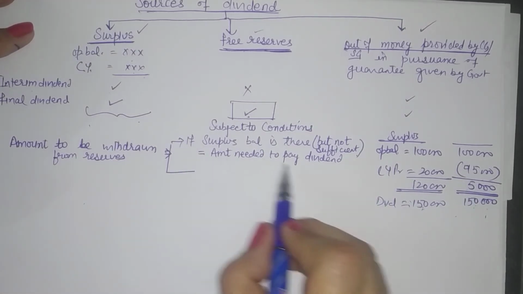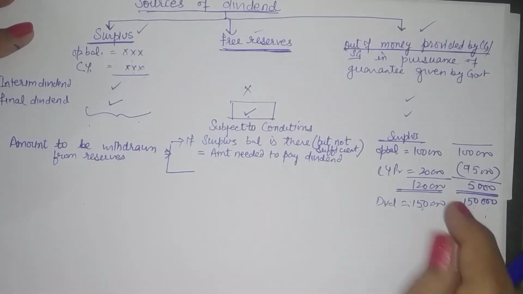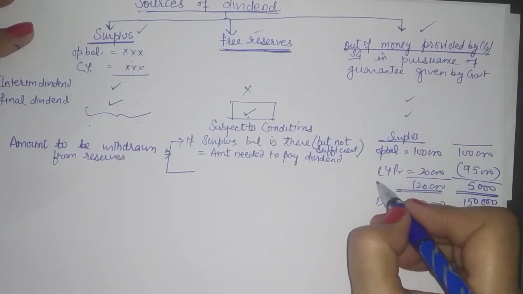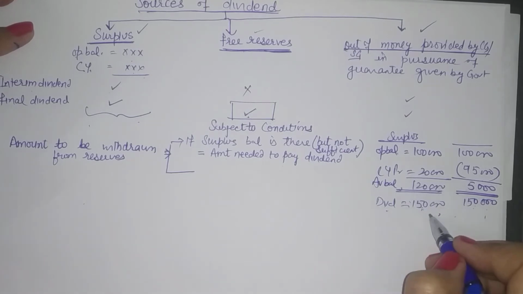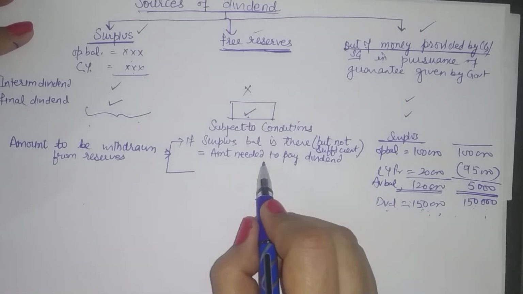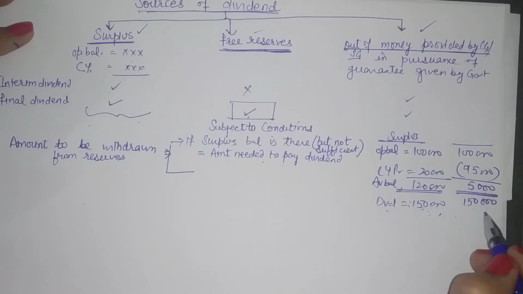So the amount needed to pay dividend will be withdrawn, the difference of the dividend and available balance. Your available balance is 1,20,000, dividend is 1,50,000, so 30,000 will be withdrawn. Your balance is 5,000, your dividend is 1,50,000, so you need to withdraw 1,45,000.